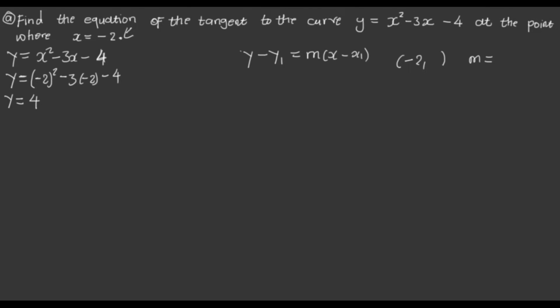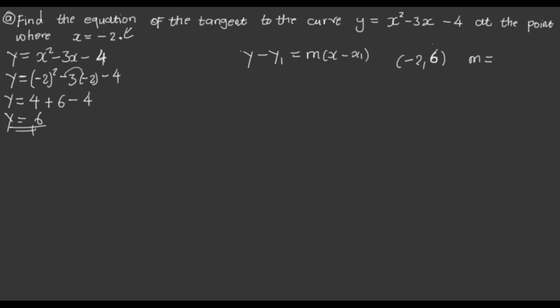Then here we can see that we have two negative signs. We have 3, so 3 times 2, we get +6 minus 4. So we can say that 4 minus 4 is 0. So our answer here, we have 6. So the y coordinate is +6.